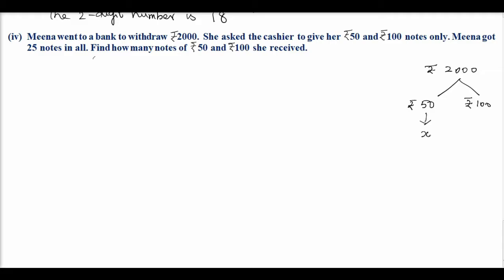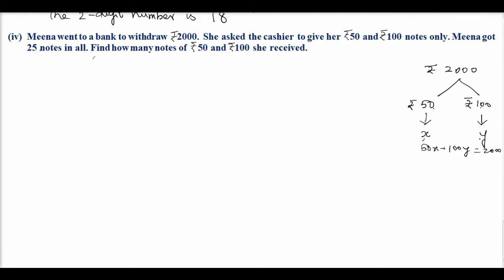Let's take it as X. And the 100 rupees notes, let's take it as Y. So as she has withdrawn 2000, the 50 rupees notes she has X notes, and 100 rupees notes she has Y notes, then this 50X plus 100Y will amount to 2000, isn't it? So this is how we are going to frame the equation.